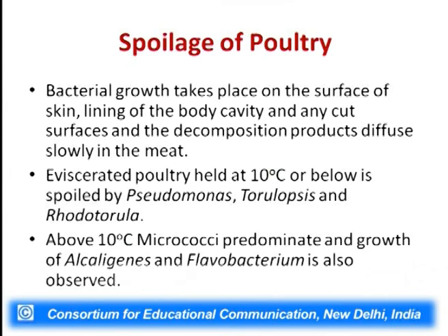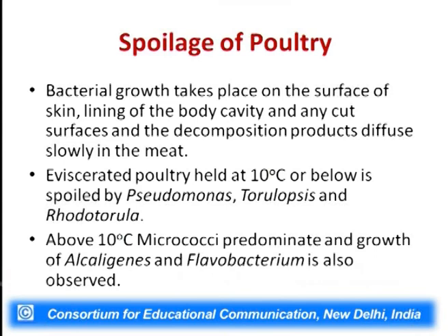Now, we will talk about spoilage of poultry. Bacterial growth takes place on the surface of skin, lining of the body cavity and any cut surfaces, and the decomposition products diffuse slowly in the poultry meat, leading to spoilage.